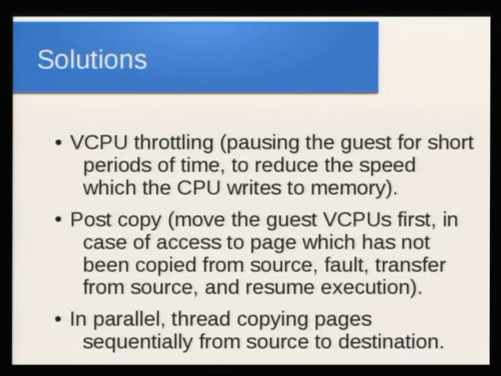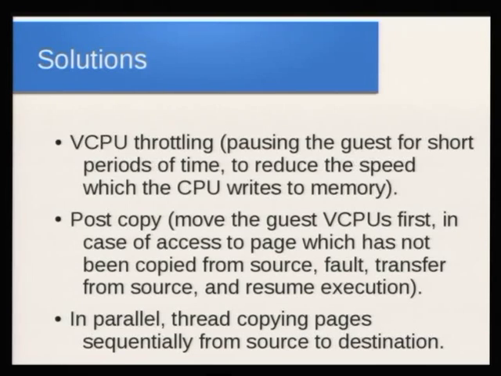There are 2 solutions in place for this. One of them is vCPU throttling, where the guest is paused for short periods of time to reduce the speed which the CPU is able to write to memory. And then there's post-copy, where the guest vCPU is moved to the destination host, and then the pages which have not been copied are copied by a thread.